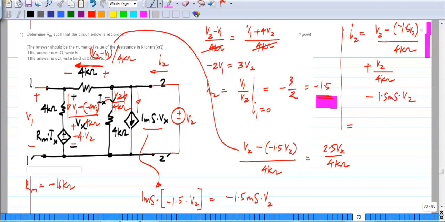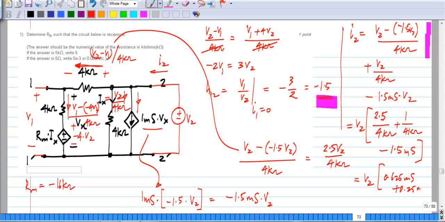So this will be V2 times 2.5 by 4 kilo ohms plus 1 by 4 kilo ohms minus 1.5 millisiemens, which is equal to V2 times 0.625 millisiemens plus 0.25 millisiemens minus 1.5 millisiemens.